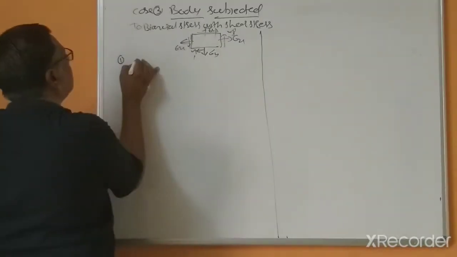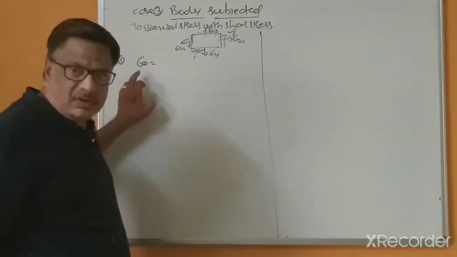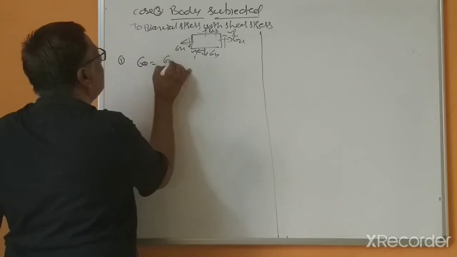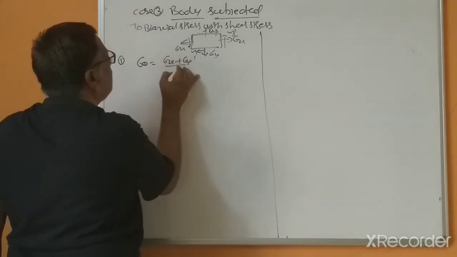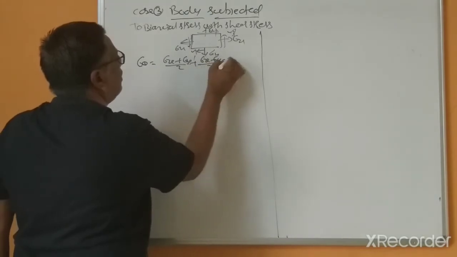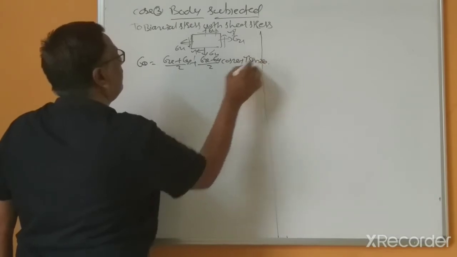So first bit, sigma theta. This is normal stress on the oblique plane. So this is equal to sigma x plus sigma y divided by 2 plus sigma x minus sigma y divided by 2 cos 2 theta plus tau sin 2 theta.